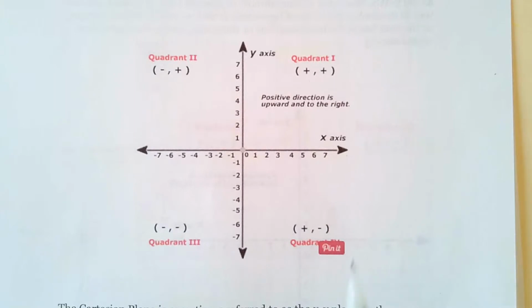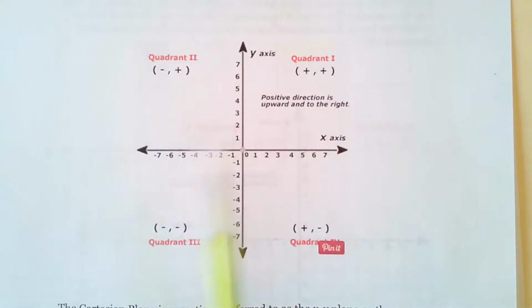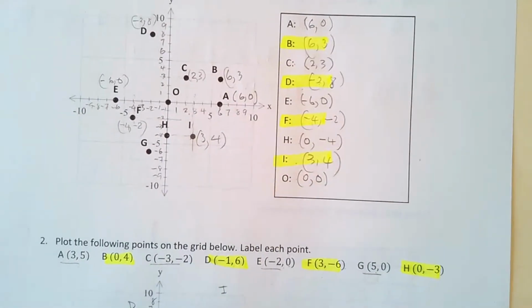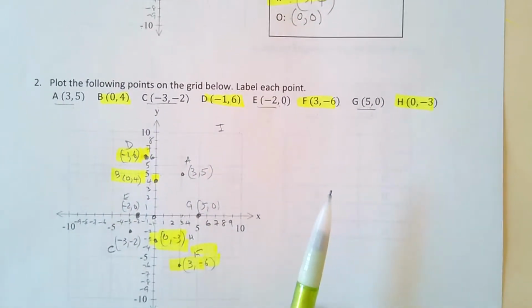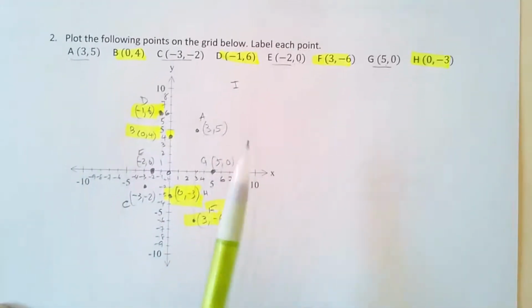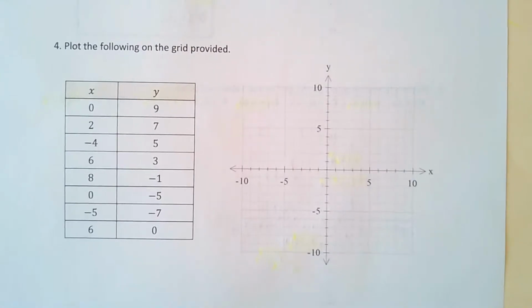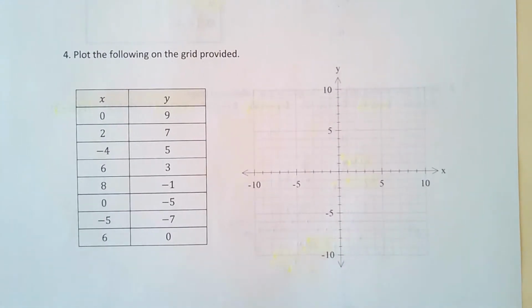And we discovered that we can identify what quadrants they're in based on the signs of the ordered pairs. We plotted points in the ordered pairs, and we identified ordered pair points given, in this case here. And here we plot them. And your task is to complete question 4 on page 4.